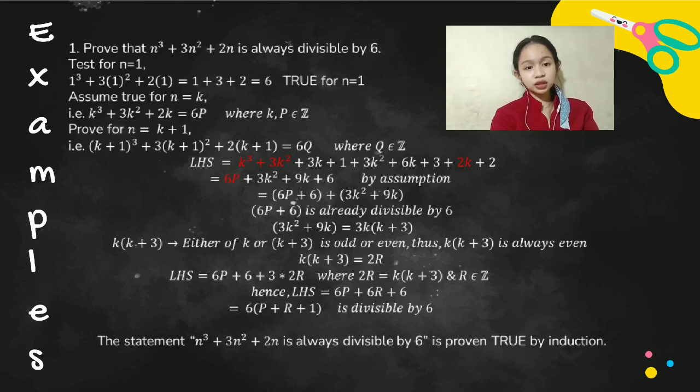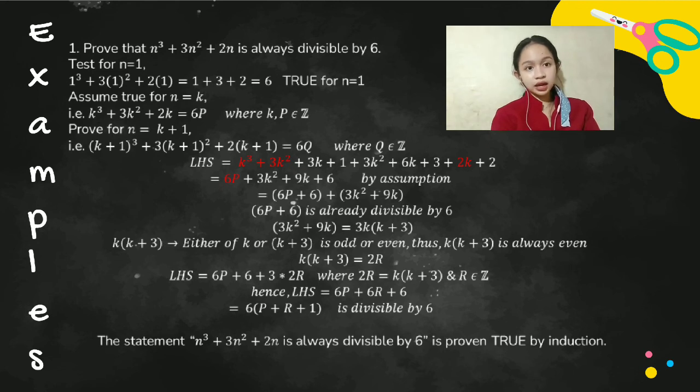By assumption, the 6p plus 6 plus the quantity of 3k squared plus 9k. So, the 6p plus 6 is already divisible by 6, right? So, the quantity of 3k squared plus 9k is equal to 3k times the quantity of k plus 3. So, either k or the quantity of k plus 3 is odd or even.